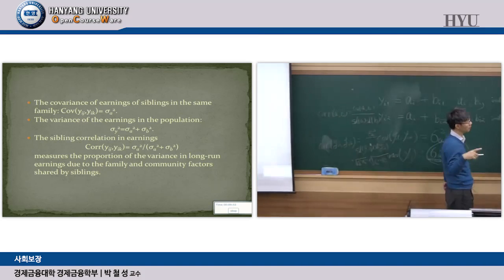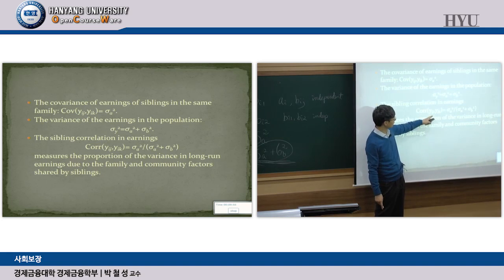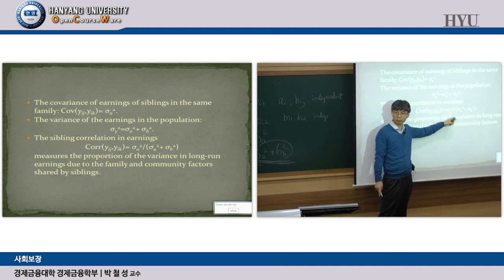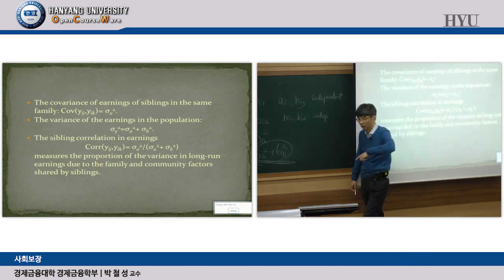So let's say if it's 1, it means everything is determined by the family factors or community factors. If it's 0, then everything is determined by only the individual factors.